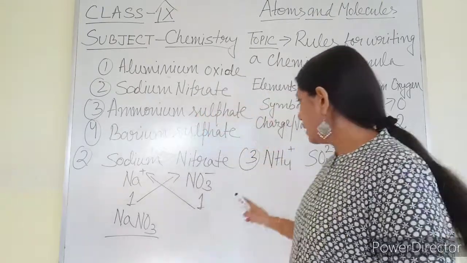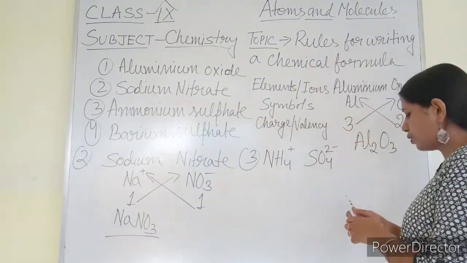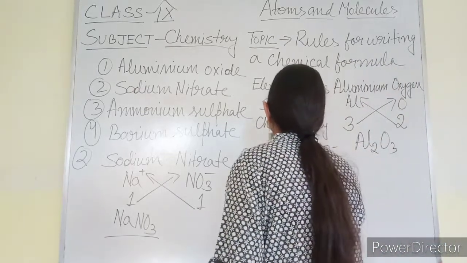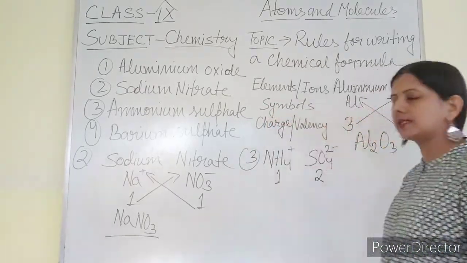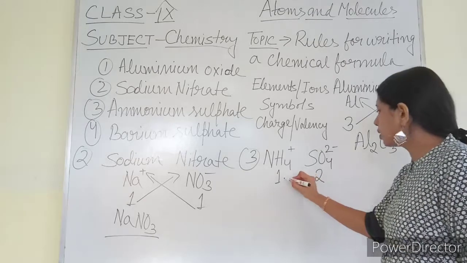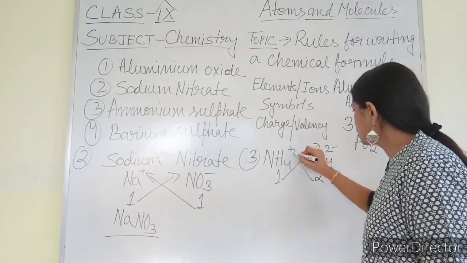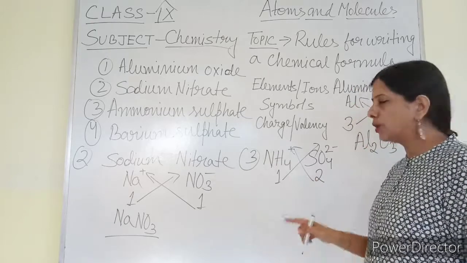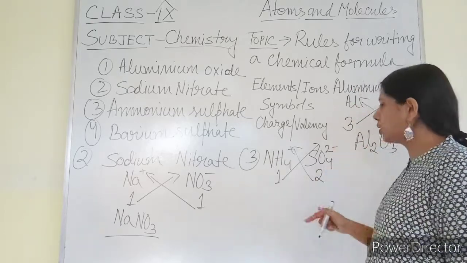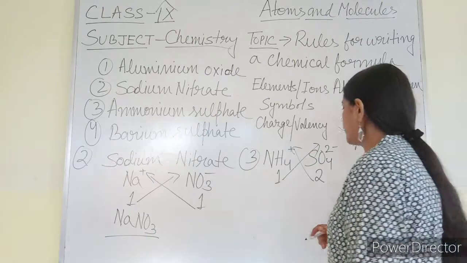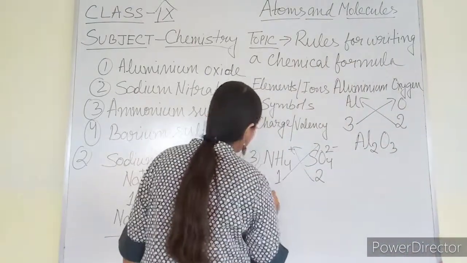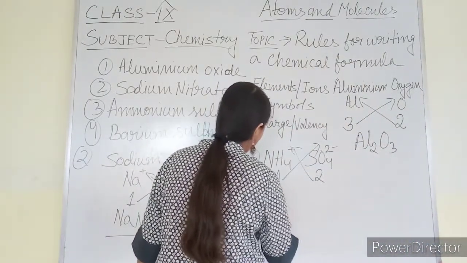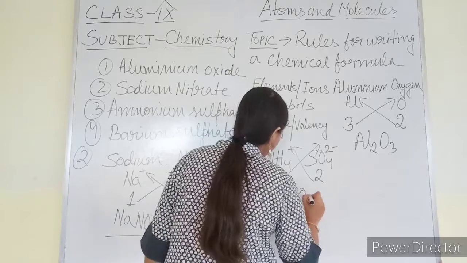Okay. So ammonium sulfate. From here I can see that the charge is 1 and here the charge is 2. If I cross multiply, what am I going to get? 2 radicals of ammonium will combine with 1 radical of sulfate to form ammonium sulfate. So what is the formula? (NH4)2SO4.